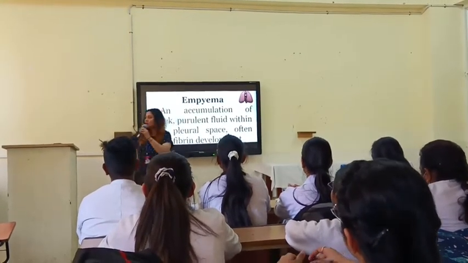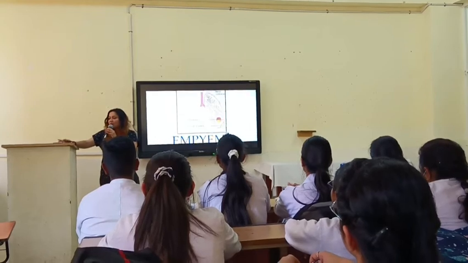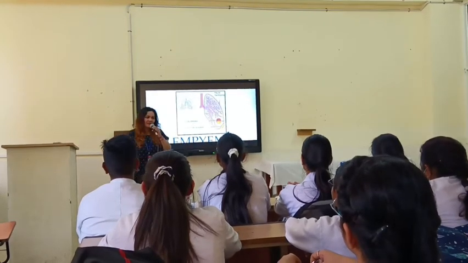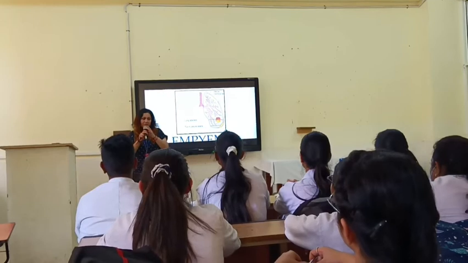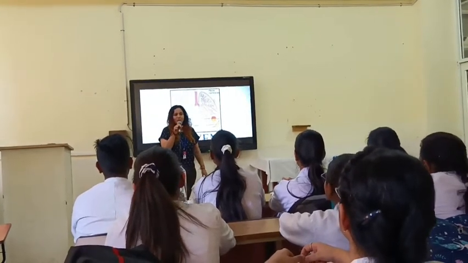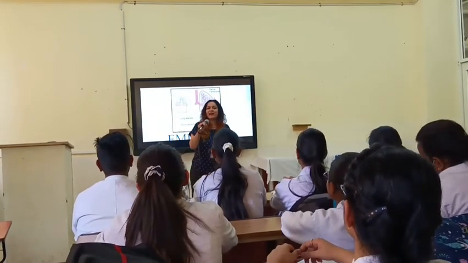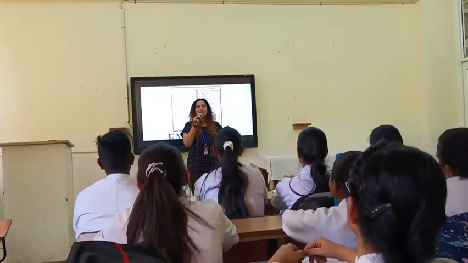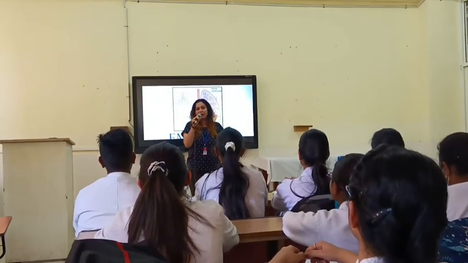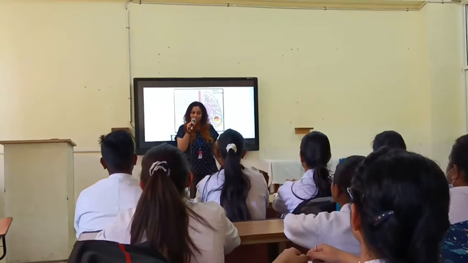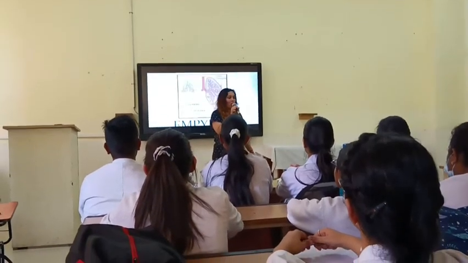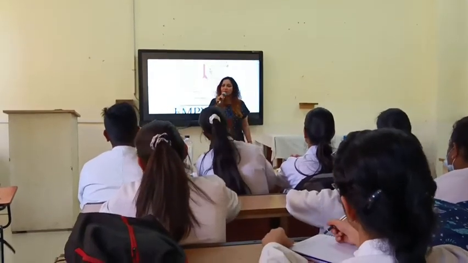So now in your pleural space, a pus pocket has come. The pleural fluid is replaced by thick purulent fluid, and that is called empyema, also called pyothorax. Is it clear to everyone?